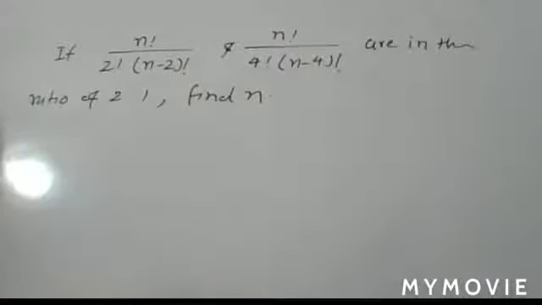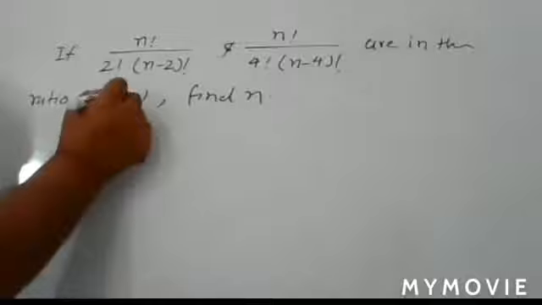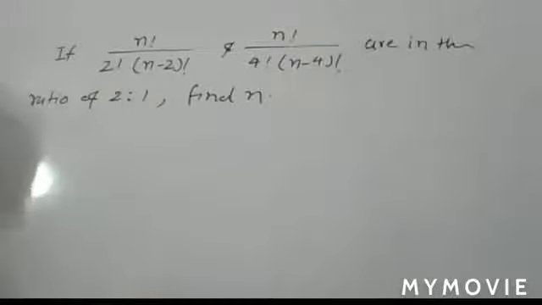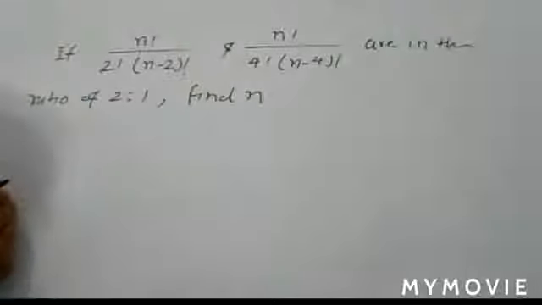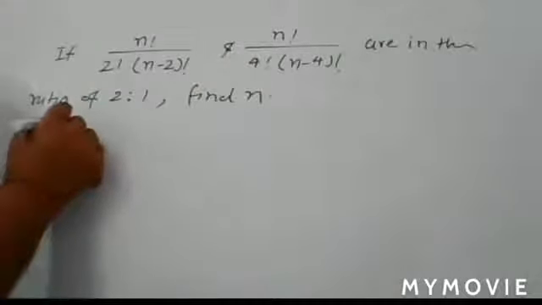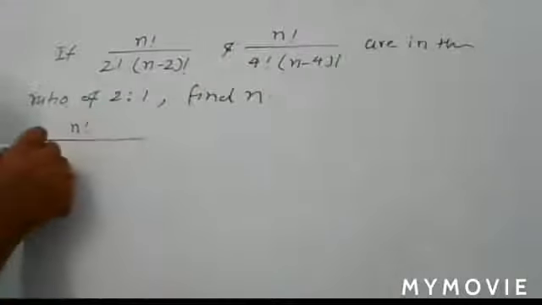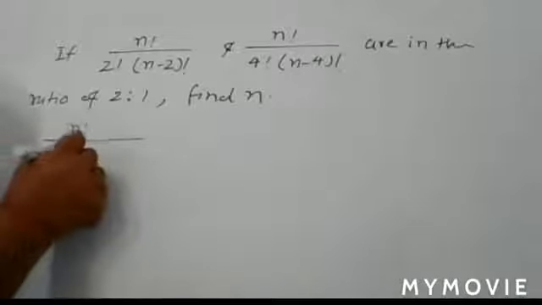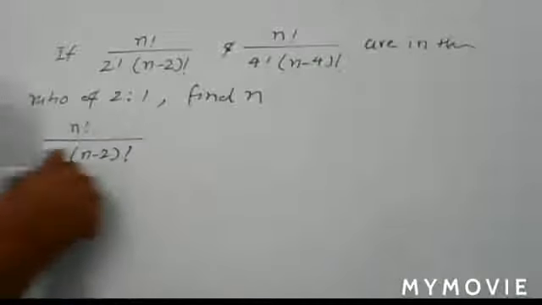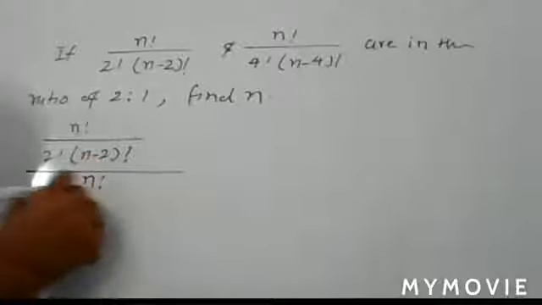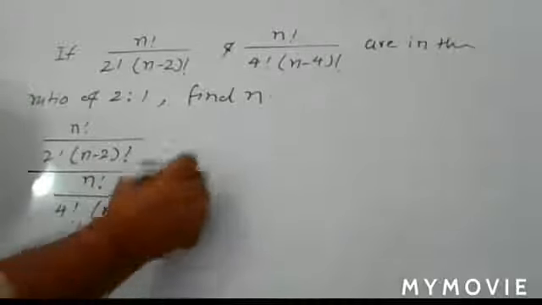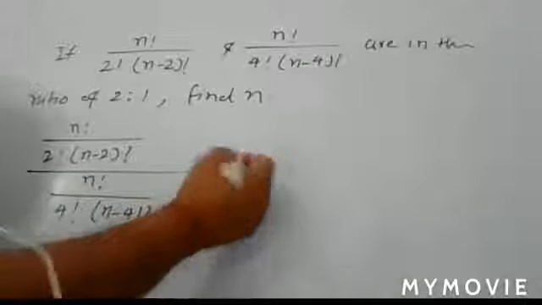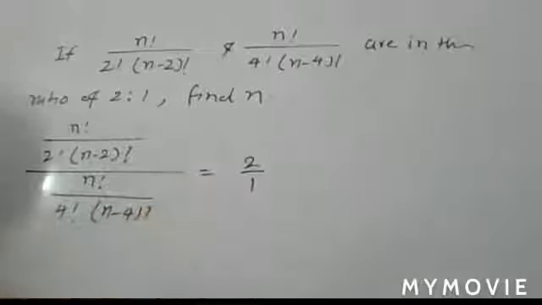So you have to find the value of n if they are in the ratio of 2:1. Now you take the ratio of these two numbers. So you write n!/(2!(n-2)!) divided by n!/(4!(n-4)!) is equal to 2, that is, 2 by 1, so 2.